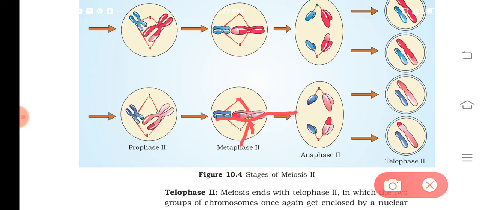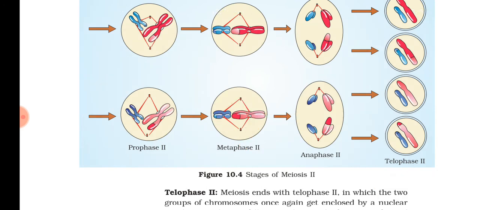So one of the sister chromatids from this will be pulled towards this pole, and the other will be pushed towards the other pole. So like this you can see the chromosome number of the daughter cell, during what? Anaphase 2. This movement of chromosomes takes place during anaphase 2 only, and they will be pulled towards the poles.